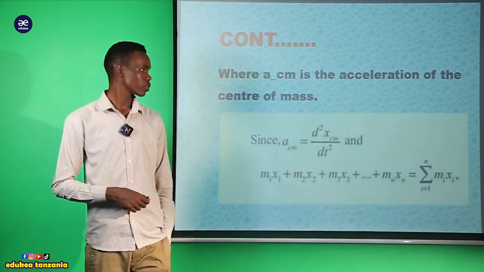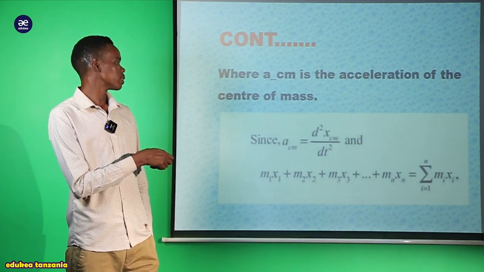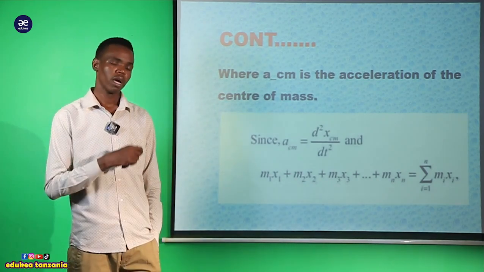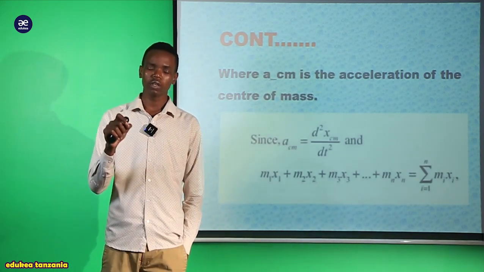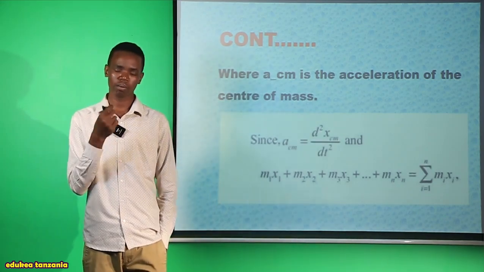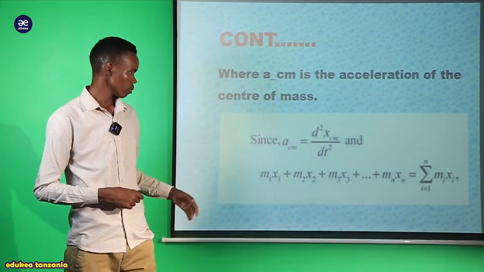So after there, my dear student, here as we observe, a_cm represents the acceleration of the center of masses. As I told you, this a_cm stands for the acceleration of the center of masses. Kwa hiyo ana represent the acceleration of the center of mass.